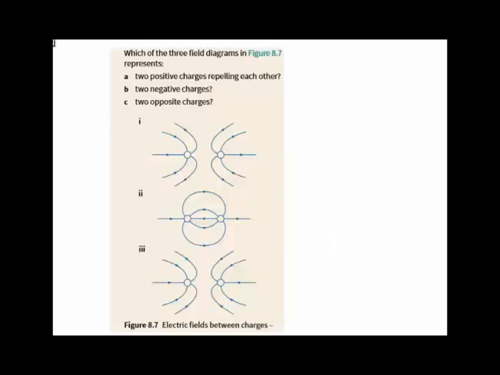Now, here we have a question: which of the three field diagrams represents two positive charges repelling each other, two negative charges, and two opposite charges? For a positive charge, we should know that the field lines go outside the charge, as we saw before.